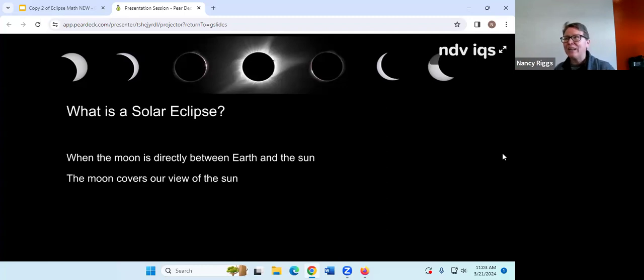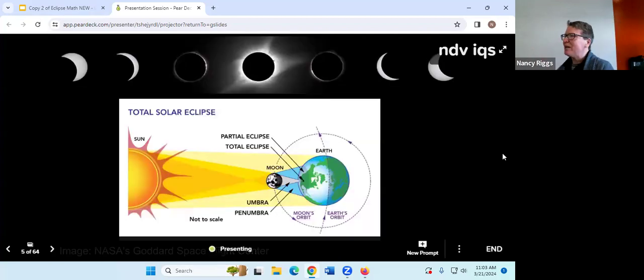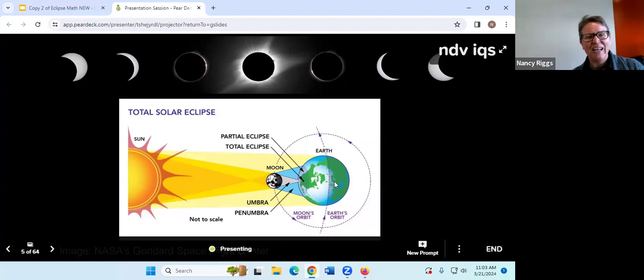We've also got lunar eclipses. That's when the Earth is between the sun and the moon, and our shadow then is covering the moon. And so here we've just got a little bit of a picture, obviously not to scale, but you can see the sun. So we've got the moon here and then the Earth, and we've got two types of shadows here.